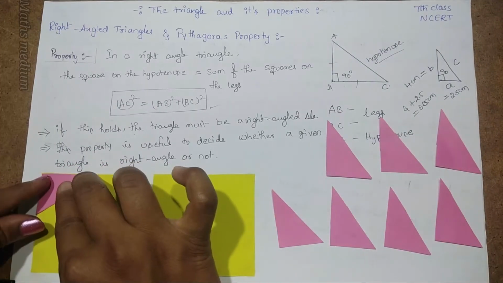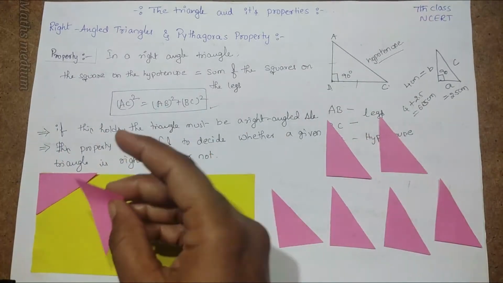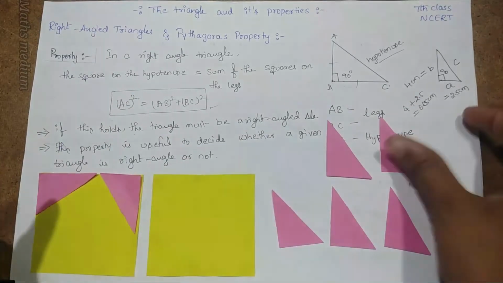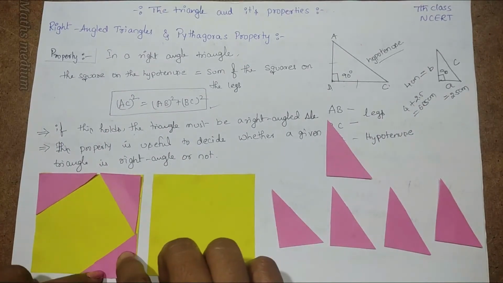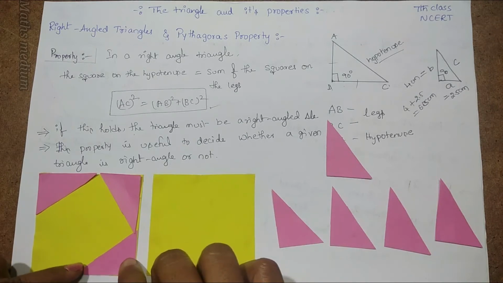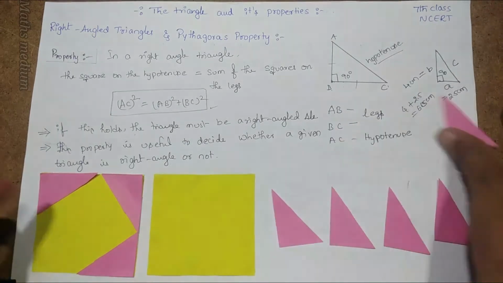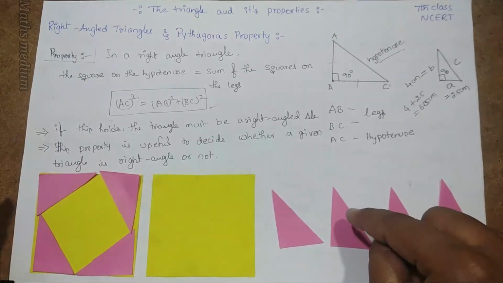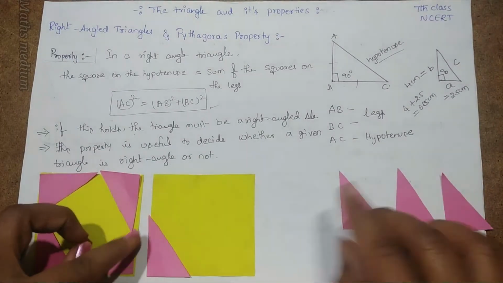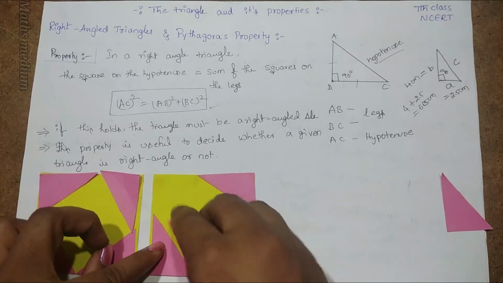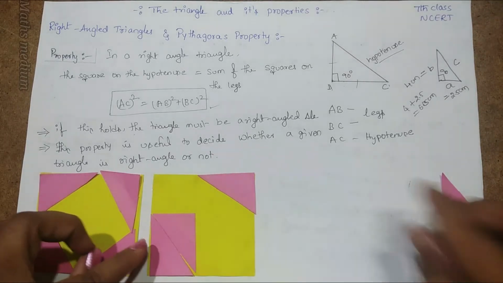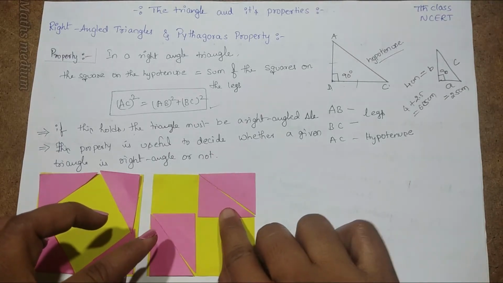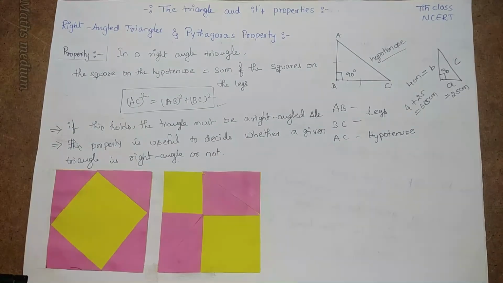Now put each of the triangles like this. By our formula we are taking the length as B plus C. Place these triangles as I have shown, and finally we got like this.